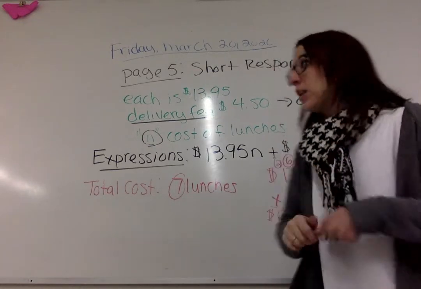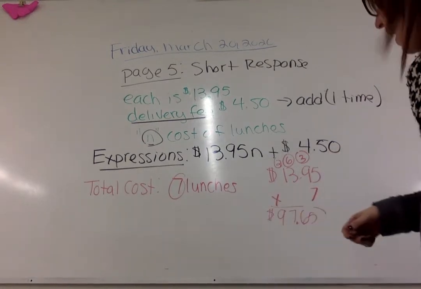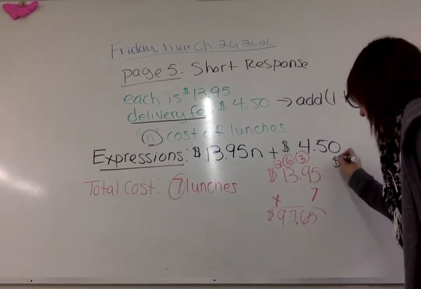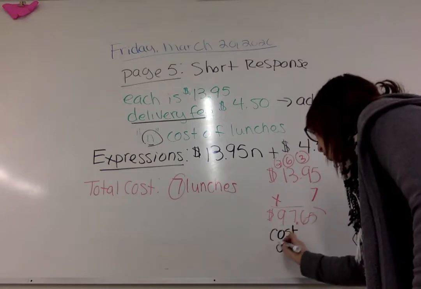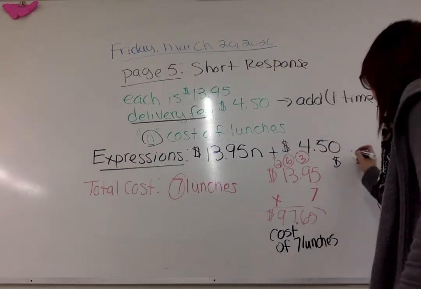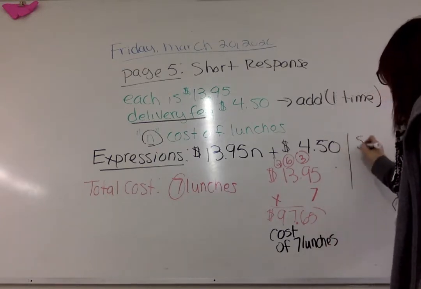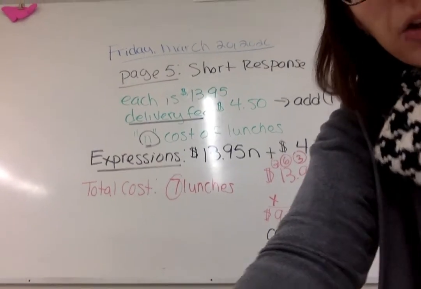But I'm not done yet, because now I got to add the delivery fee. So now I'm going to label this so you know that this is the cost of 7 lunches, right? Now I have to take this amount of money, which is $97.65. Oh, you can't see me. Let me scooch this down a little bit.